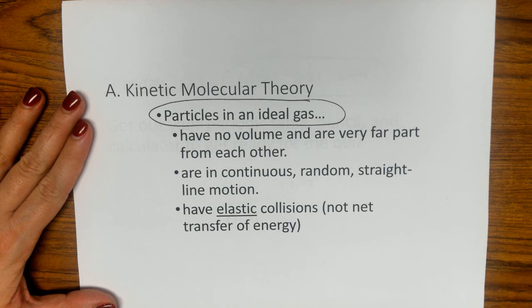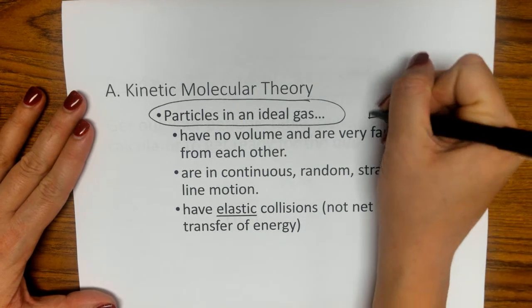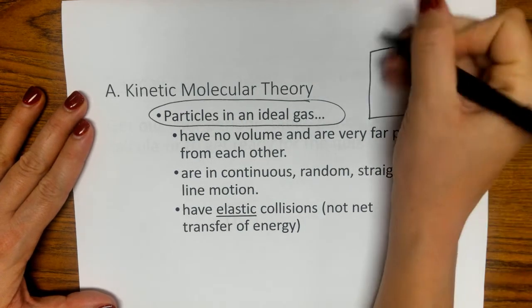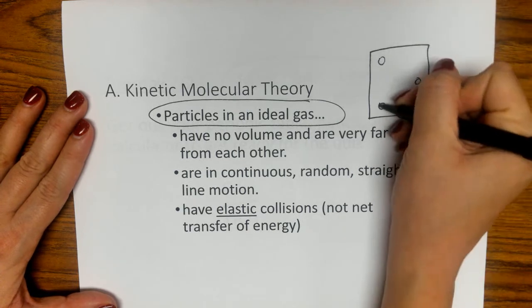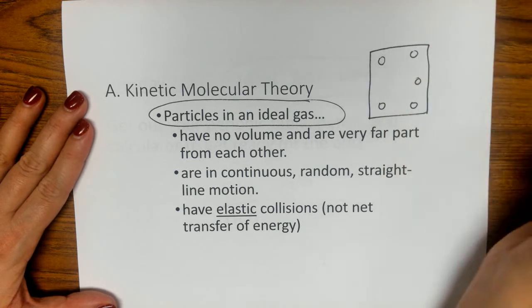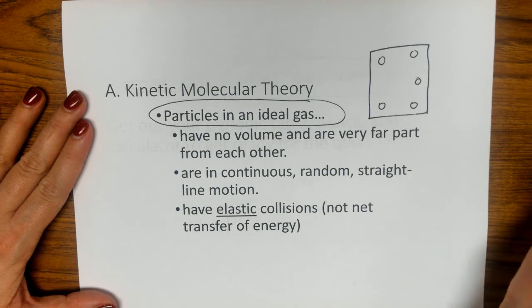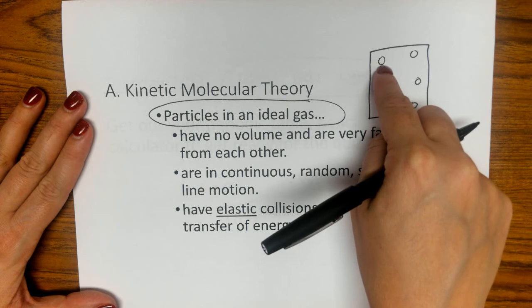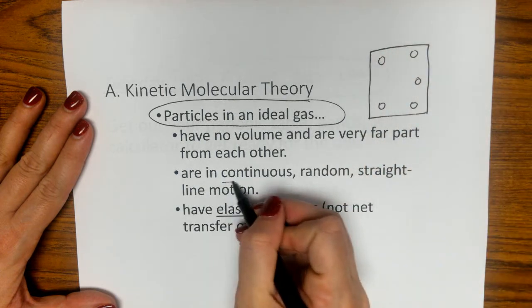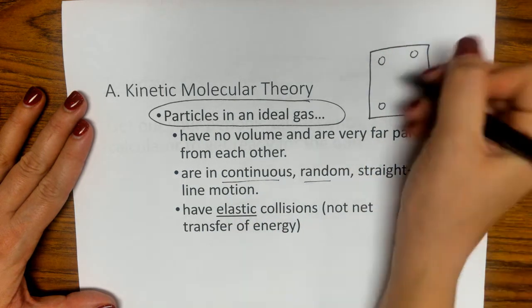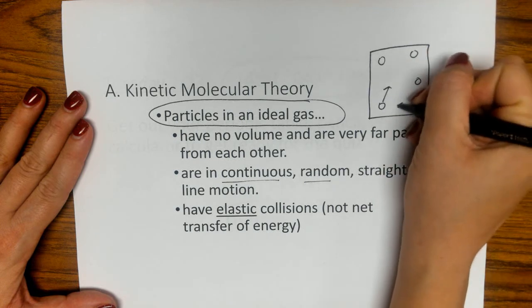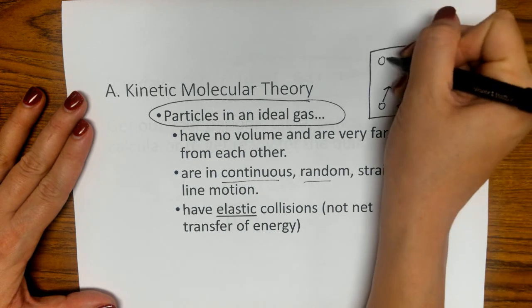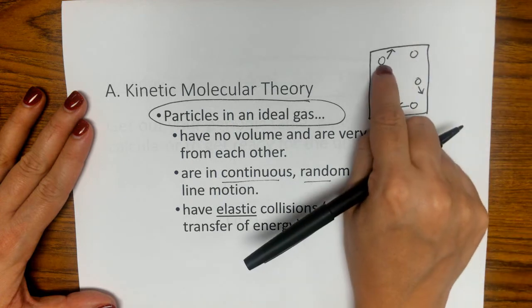Ideal gases, the particles have no volume and they're very far apart from one another. So if I've got a container of a gas, here are my little gas particles, they're far apart, and you can't find the volume of just one of these particles because they're always moving randomly, in a straight line motion, but it's not possible to get the volume of just one particle.